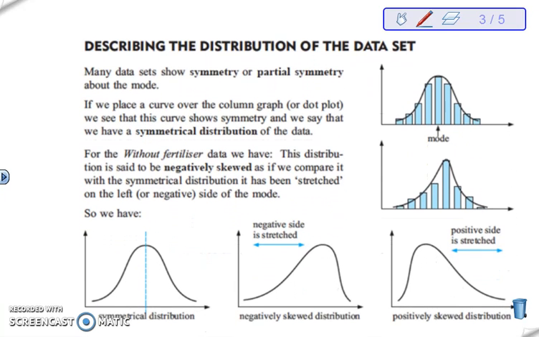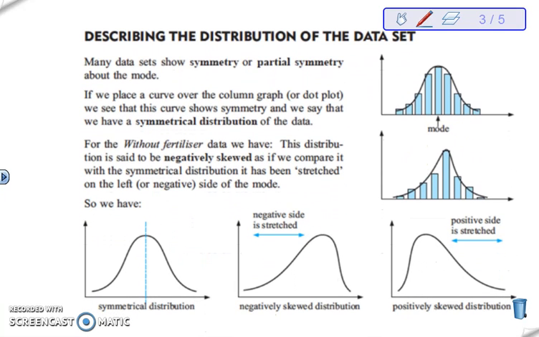When we're describing the distribution, basically we're going to look at the shape of the curve that is made when you sort of connect the tops of each bar, or in the frequency distribution, the dots, or even the number of things in the row of the stem and leaf.